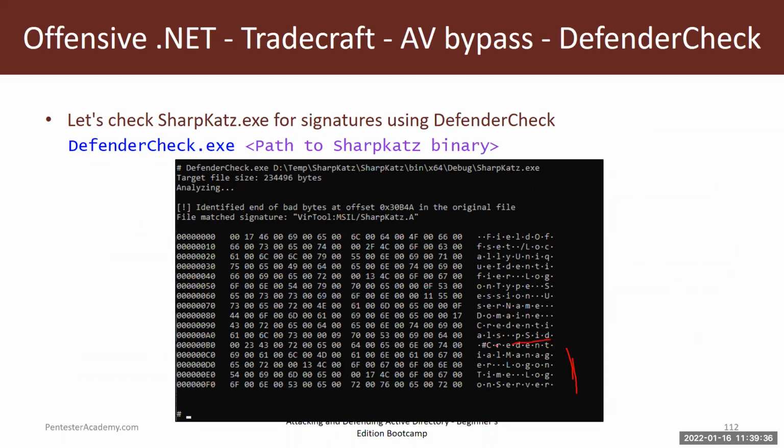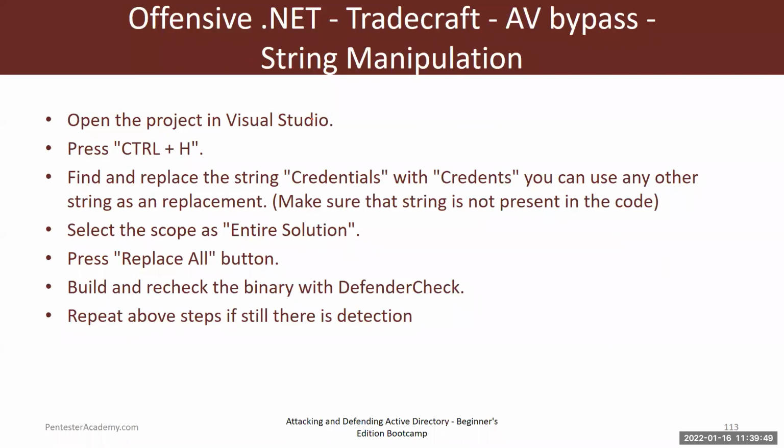So by some trial and error, we will get to know that it is the credential string that Windows Defender has a problem with when it comes to Shortcuts. So a simple string manipulation is we replace the string credentials with credents, rebuild the entire solution, and check it again with Defender check, and it would be fine. A lot of times, static detection is that easy to avoid.